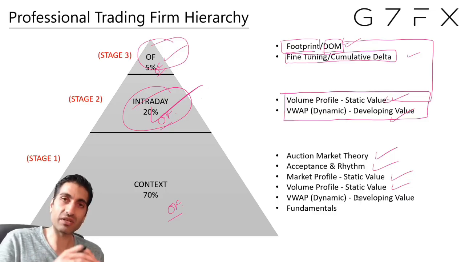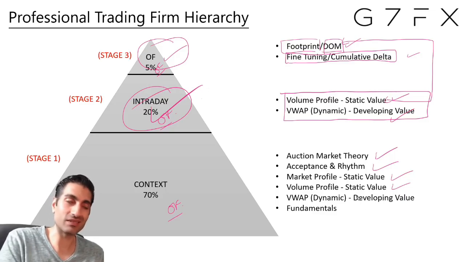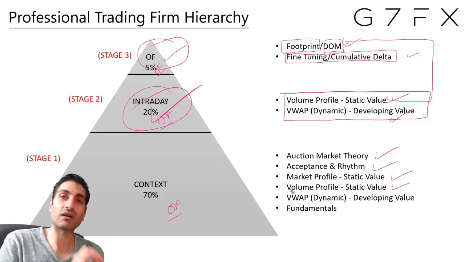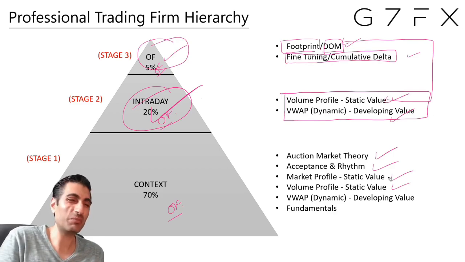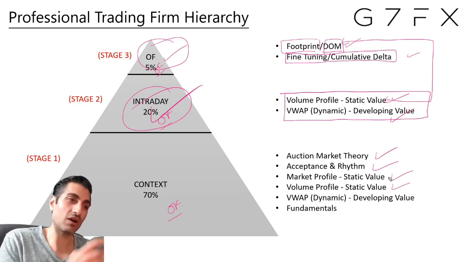We haven't necessarily looked at it on a standalone basis, but it's not something that I'm going to cover separately to market profile, because the way that I look at volume profile is on the weekly and the monthly. I kind of have it there, but I don't really make much use of it. It's just there, I eyeball it. Very similar way to how you're doing it on the depth of market.